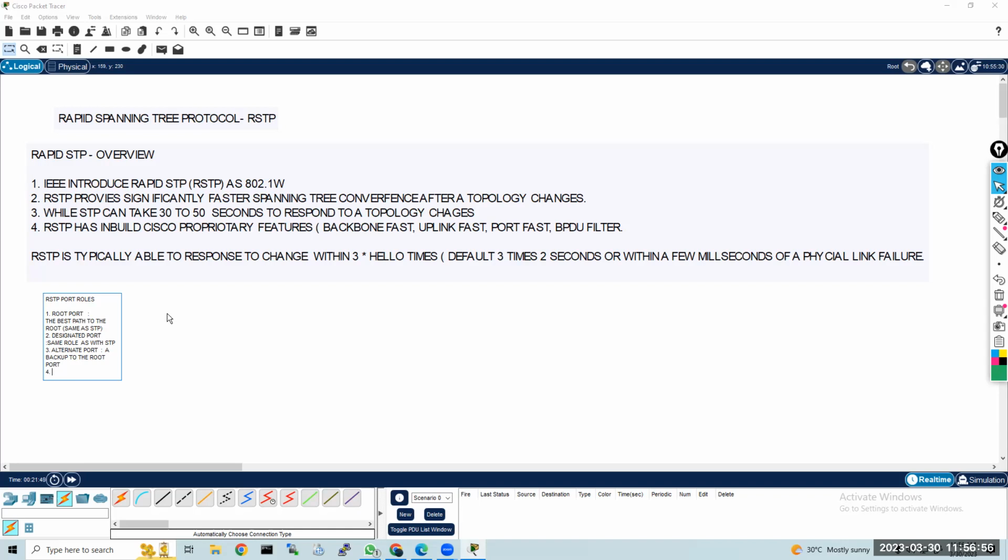Remember, this might be your interview question, guys. The alternate port is a backup port for the root port. And what is a backup port? A backup port is always a port to the designated port.